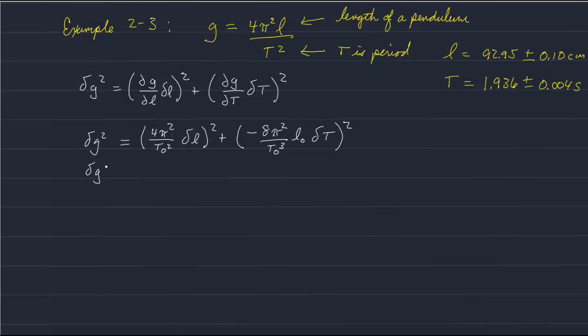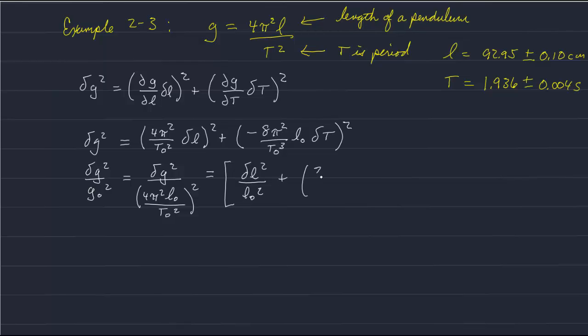The fractional uncertainty, delta g over g naught, and both of those are squared, is just delta g squared over 4 pi squared L naught over T naught, and that whole thing is squared. And that turns out to be delta L squared over L naught squared plus 2 times delta T over T naught, squared.